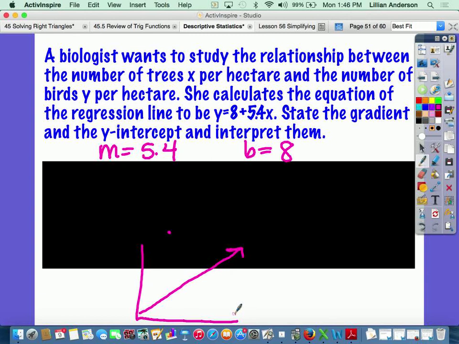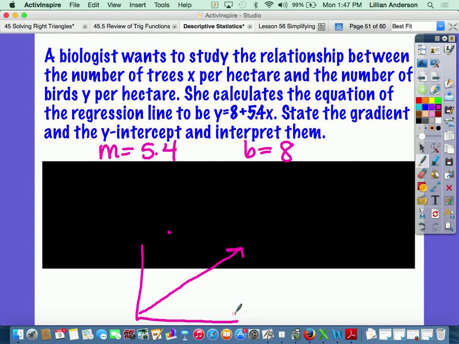So yes, it is increasing. As your number of trees increases per hectare, your number of birds is increasing by 5.4 per hectare. As your number of trees increases by one, x, your birds are increasing by 5.4.